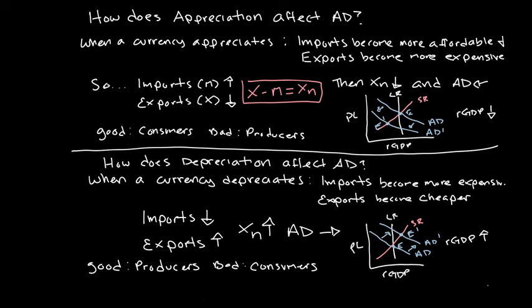But at the same time that imported goods become more affordable, your exports to those countries become less affordable to people in those countries. So when we have a strongly valued currency, other countries' citizens tend to not buy our products because our products are relatively more expensive than products coming from other countries.